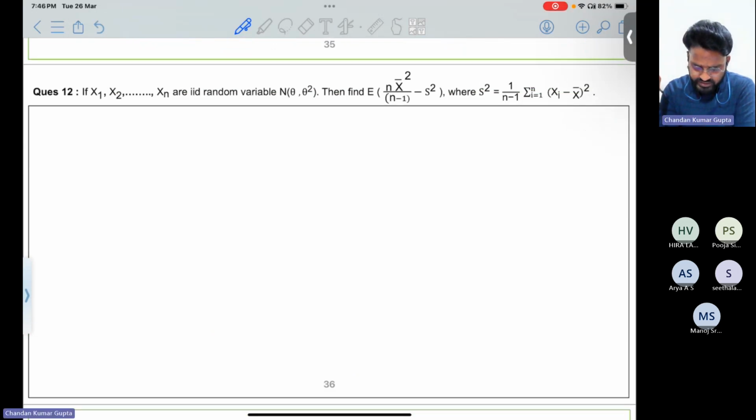The next question is like, if x1, x2 up to xn are IID random variables, then find the expected value of this: n x bar square upon n minus 1 minus capital S square, where S square is the sample variance. Okay. Now our question will be like this.